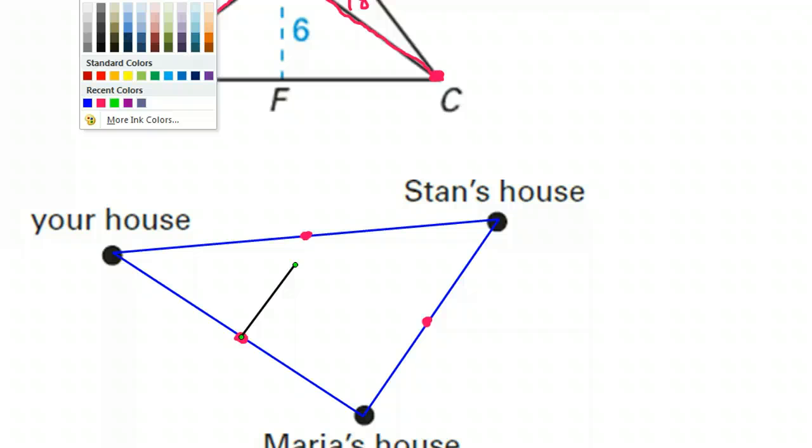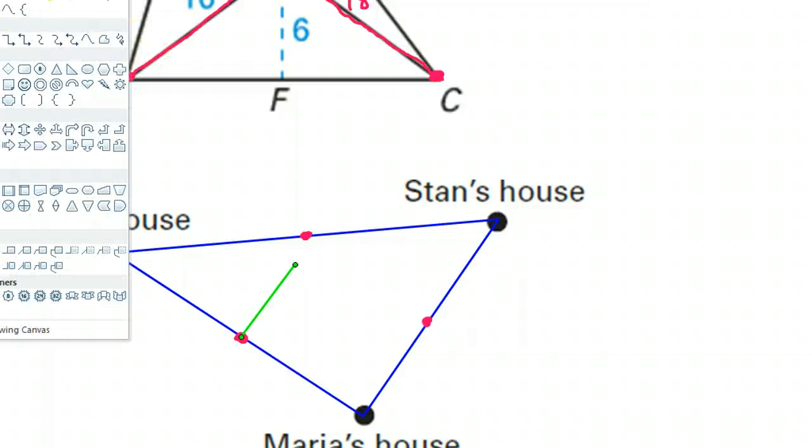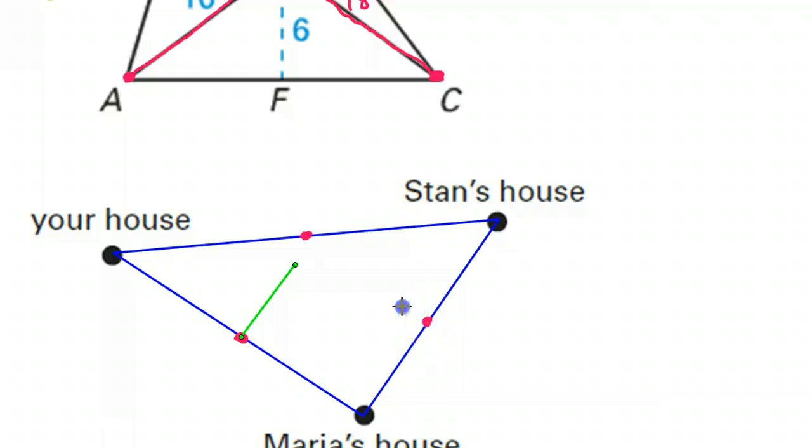Let's see, what color should I use? Purple? No, I think I'll do green. I'm going to do one from this other side. Perpendicular. I might have to stretch it out a little bit more. Whoops, I wanted that to be green as well.